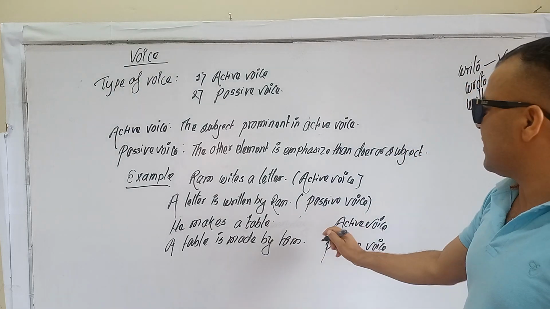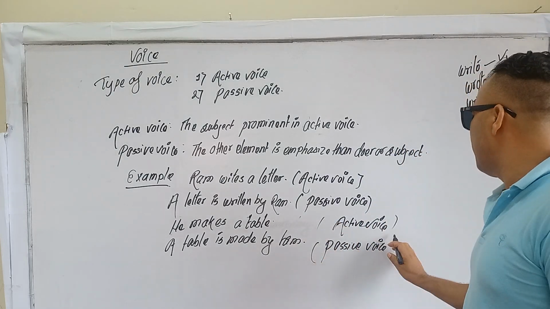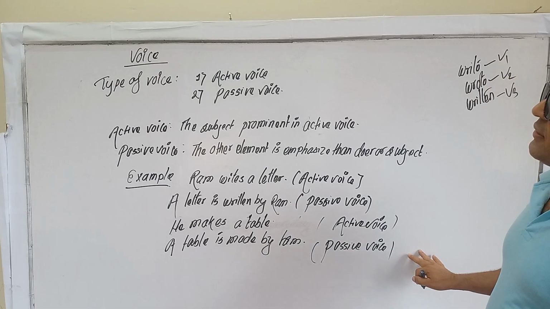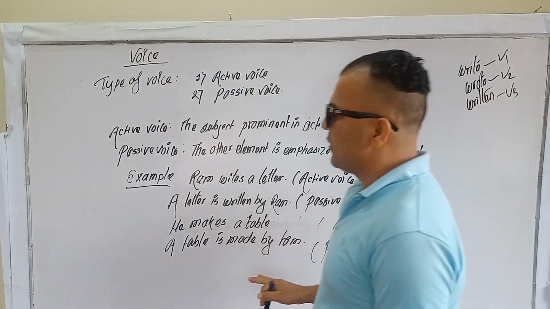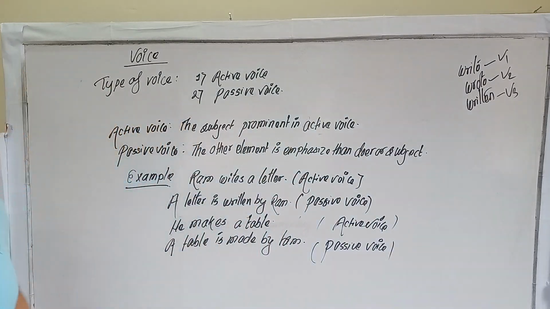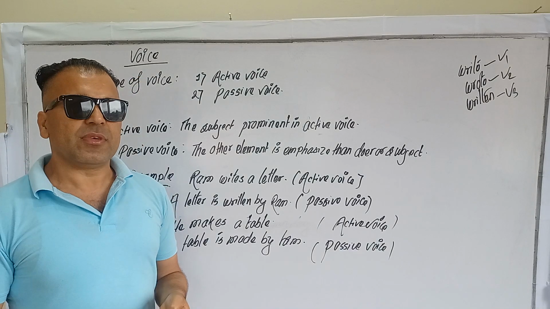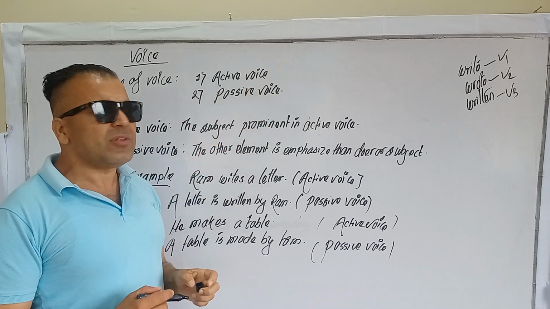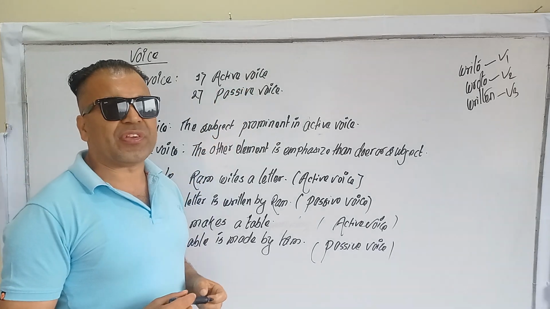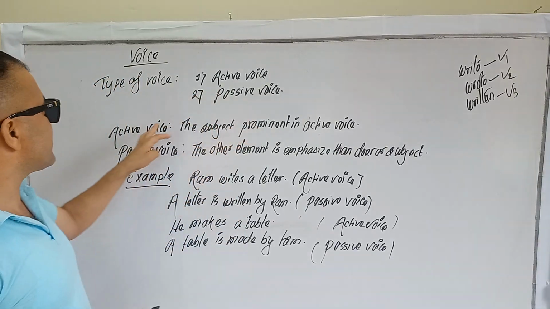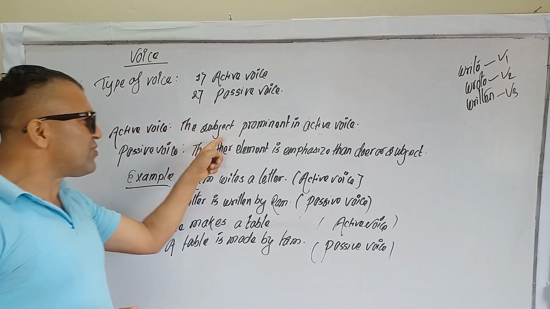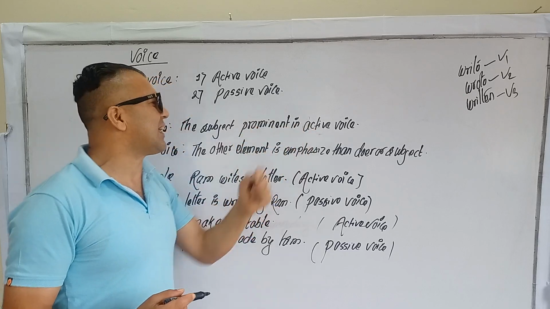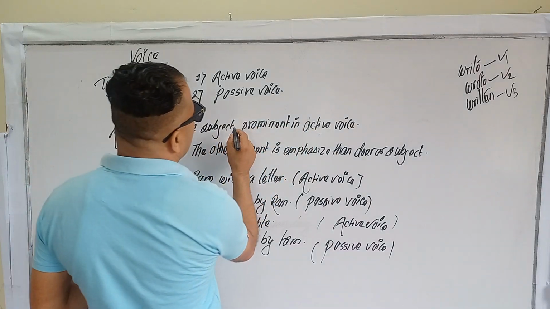Alright, these are active and passive voice. This is the scenario in which we express our sentences. Voice is of two types: active voice and passive voice.